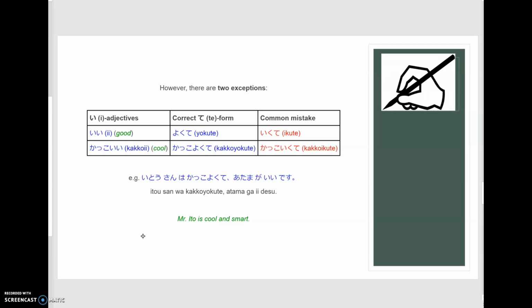Okay, so there are two exceptions to these I adjectives. Good, ii. So when you want to join it with another adjective to say something is good and handsome, the ii changes to yokute. Okay, we cannot say ikute.